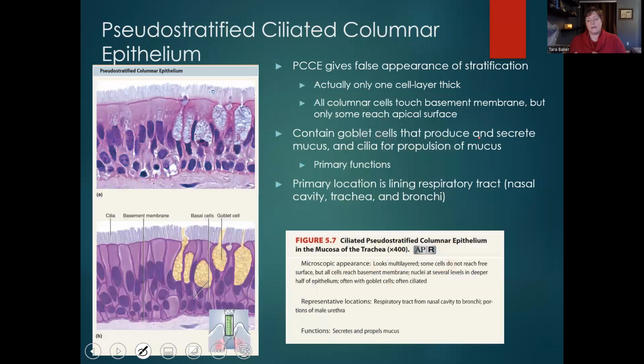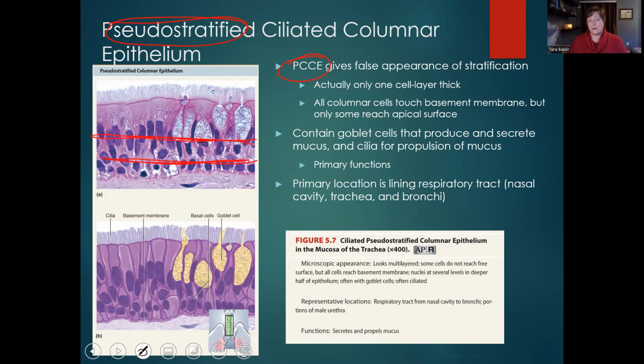All right, so we've talked about simple squamous, simple cuboidal, simple columnar, and some of the other things that are on the columnar. Now we're going to talk about a very specialized epithelium that we find, and this is the pseudostratified ciliated columnar epithelium. We shorten that to PCCE, and it looks stratified, but it's not. We could draw a line here through the nuclei, and we could draw a line here through the nuclei.